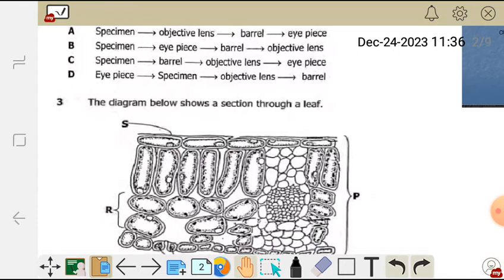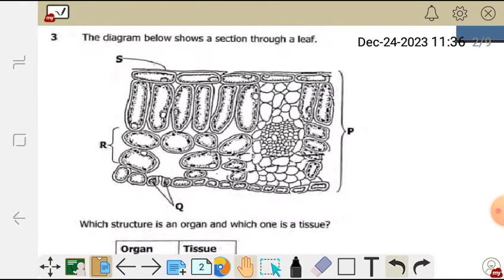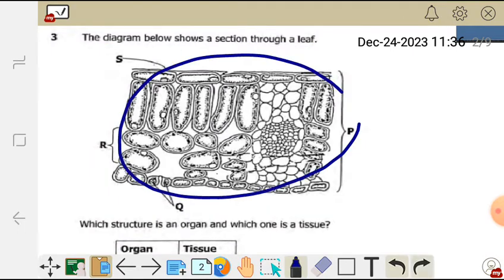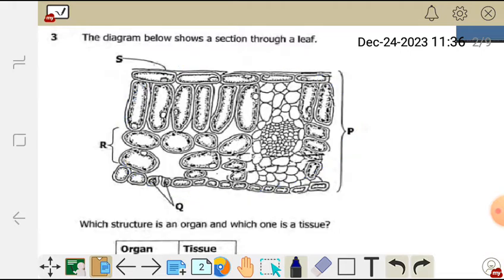We move on to question 3. The diagram below shows a section through a leaf. Which structure is an organ and which one is a tissue?